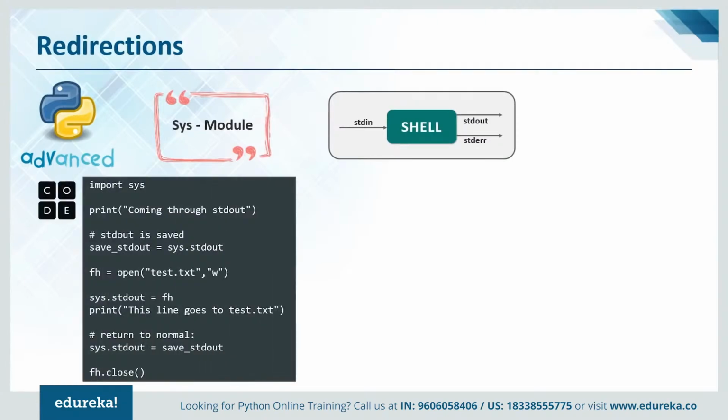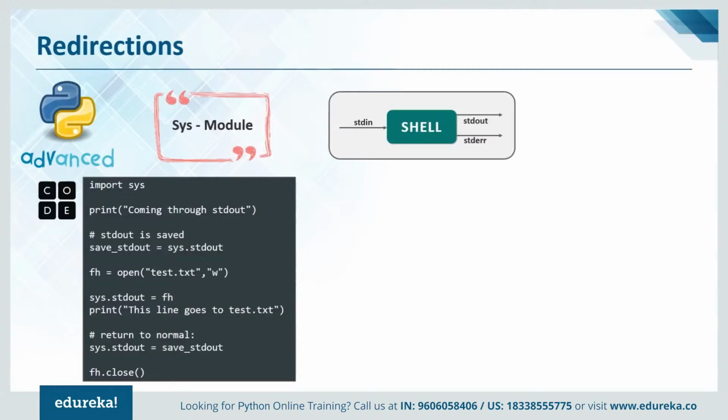So the following code should be self-explanatory by now. But nevertheless, here are some explanations for you guys. The first statement uses the regular standard output stdout. So the text coming through stdout will be printed into the terminal from which the script has been called. In the next line, we are storing the standard output channel in the variable save_stdout, so that we are capable of restoring the original state at a later point in the script.